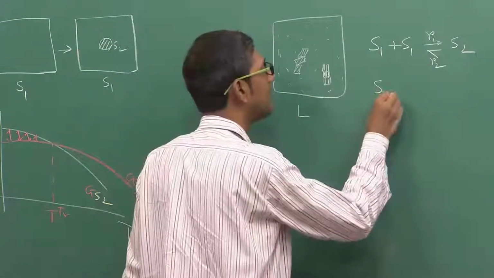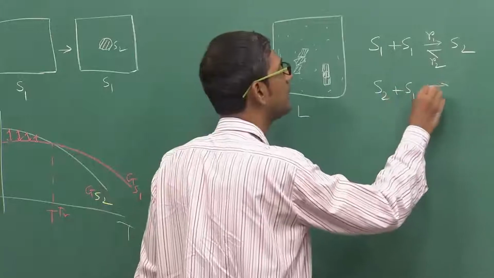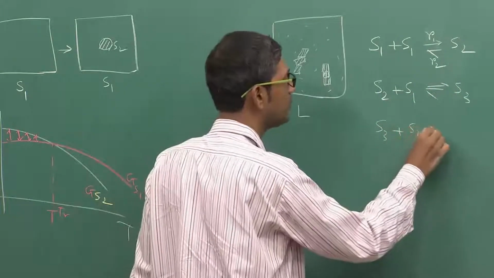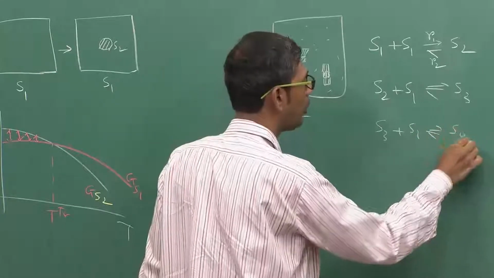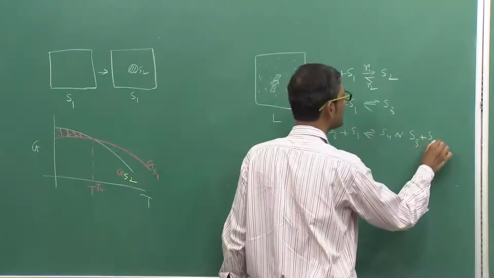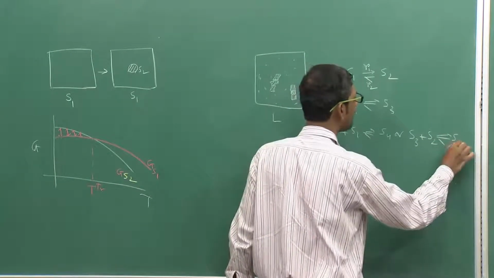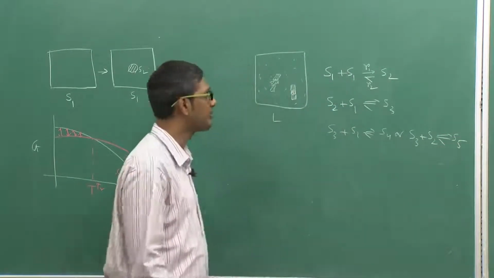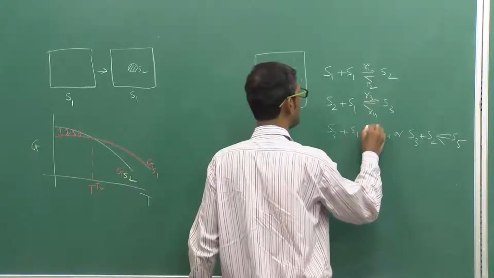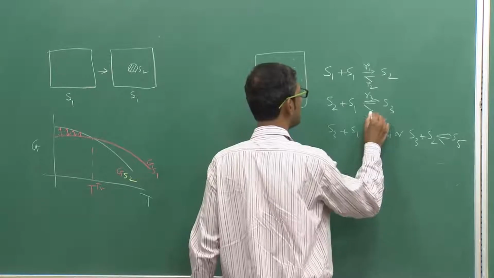Similarly, S2 plus S1 can lead to S3, S3 plus S1 can lead to S4, or S3 plus S2 can lead to S5, and each of these reactions will have a reaction constant.